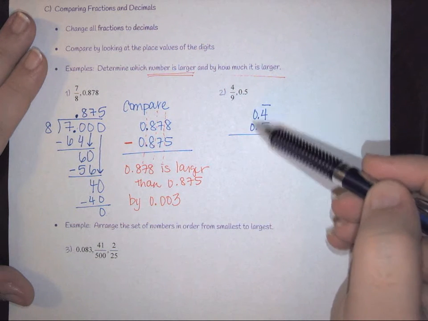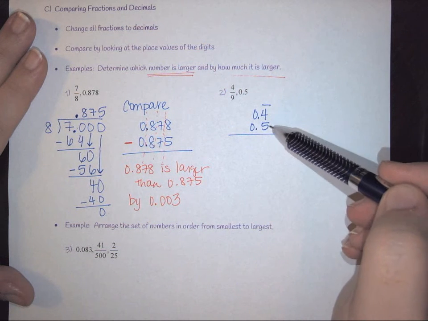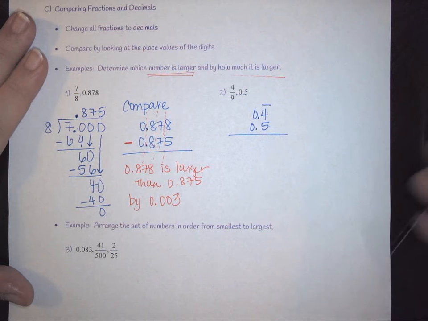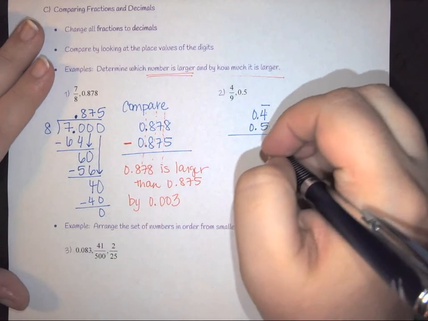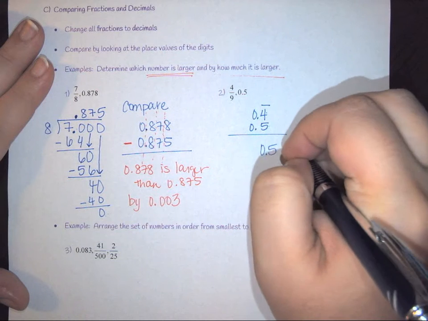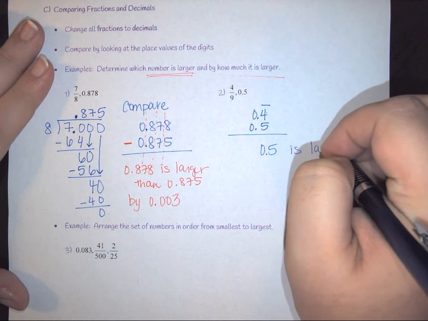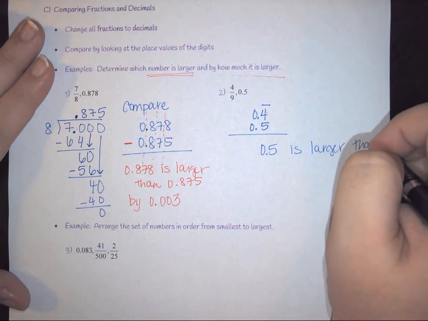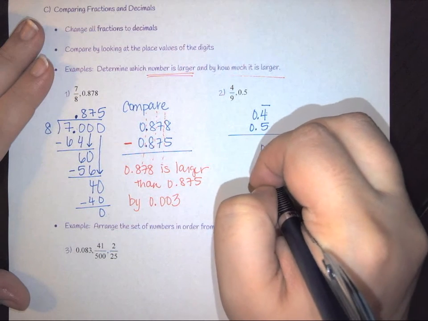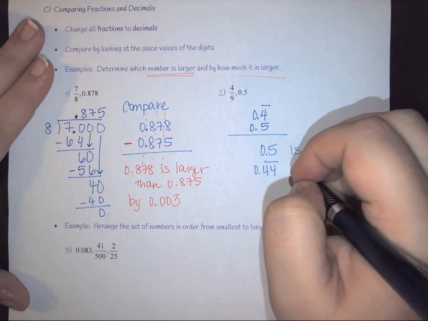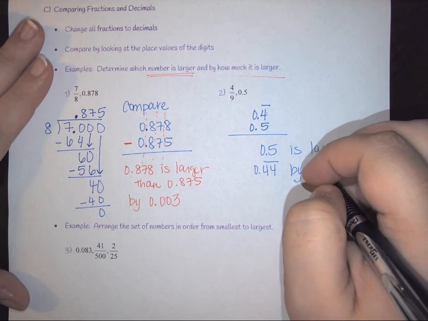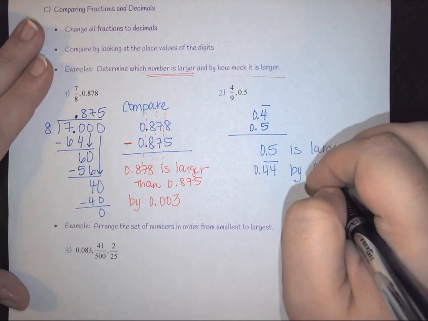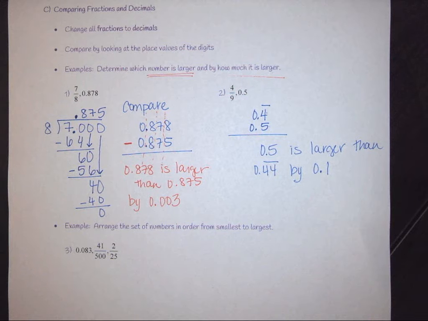If we notice, my zeros are the same, but here 5 is larger than 4. So we have that 0.5 is larger than 0.44 repeating, and if we do the subtraction, it would be larger by essentially 0.1. Okay.